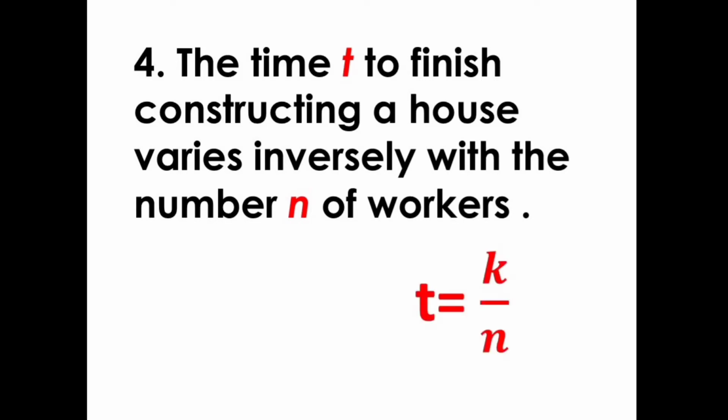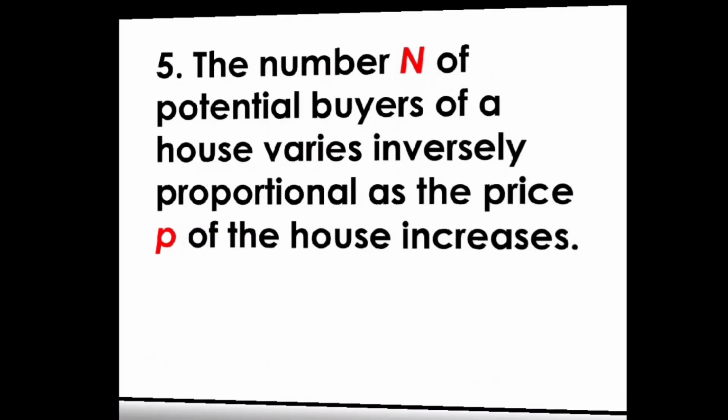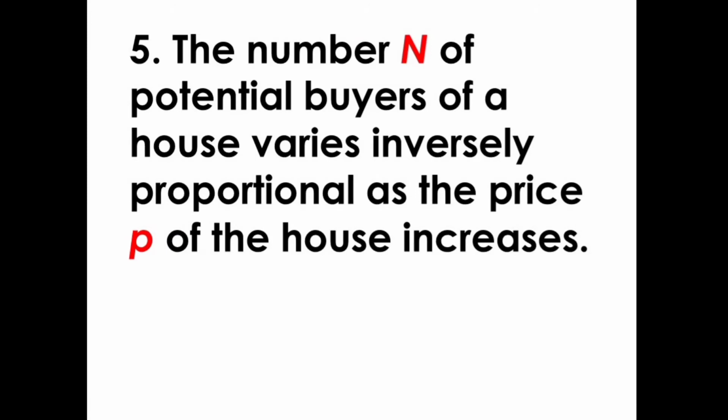The answer is T equals k over N. Fifth example: the number N of potential buyers of a house varies inversely as the price P of the house increases. So N equals k over P.